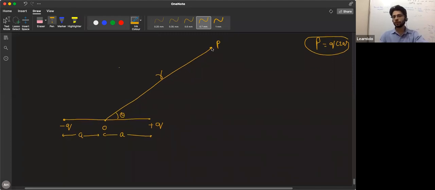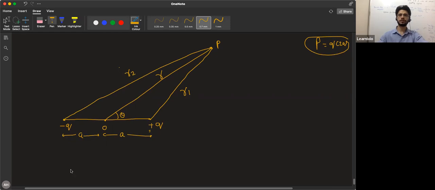To calculate potential at this point, we will first calculate potential due to the positive charge, then potential due to the negative charge. This separation is R1 and this separation is R2.